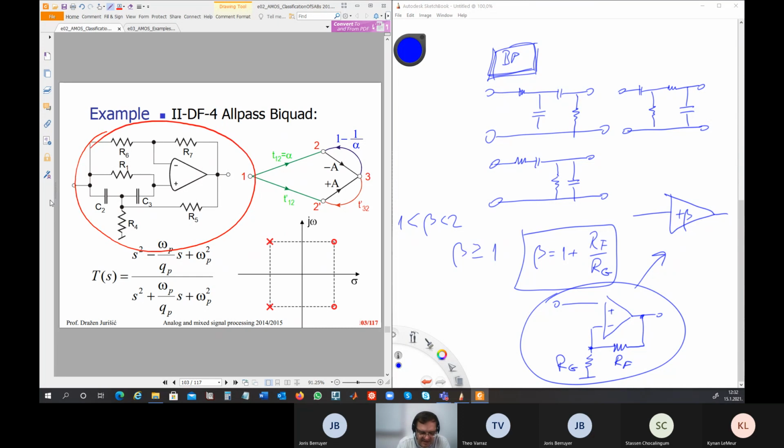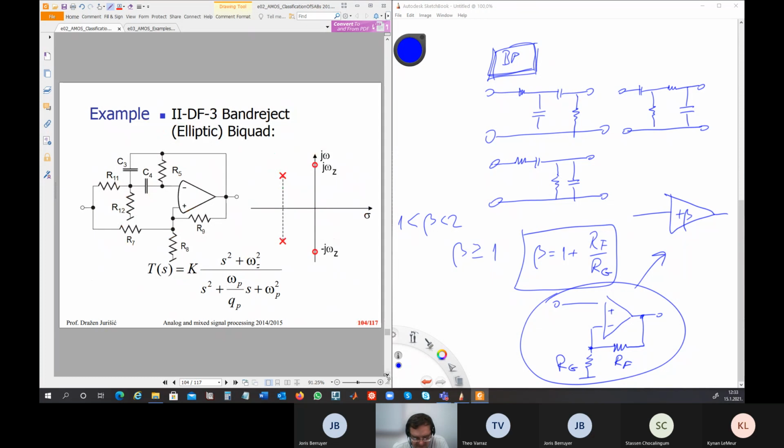So you see it has here two inputs. It has two feedbacks. So you have everything here on this signal flow graph, and you can obtain an all-pass filter. Okay.